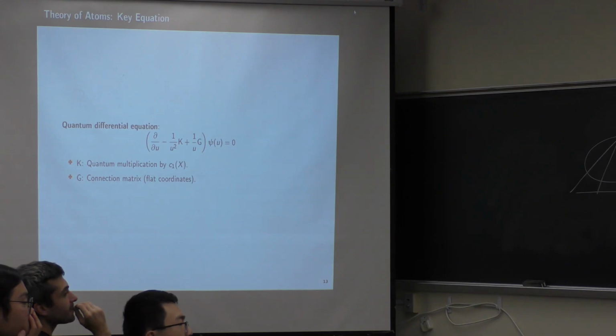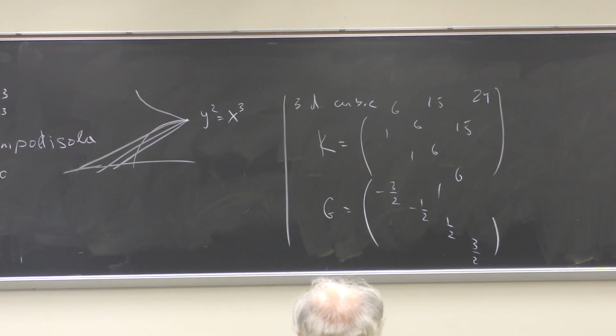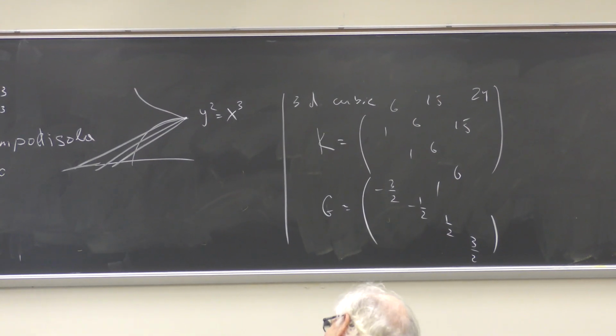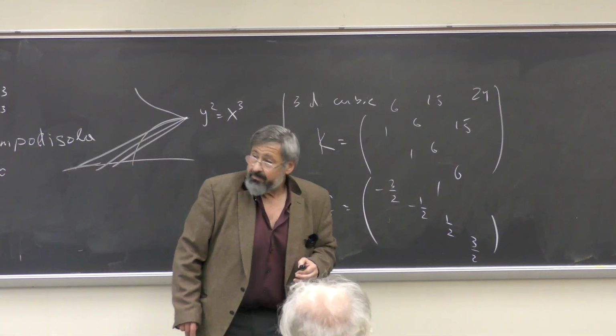So if we solve this differential equation that I have mentioned, we are going to get a solution which counts the rational curves of different degrees which are contained in this cubic.